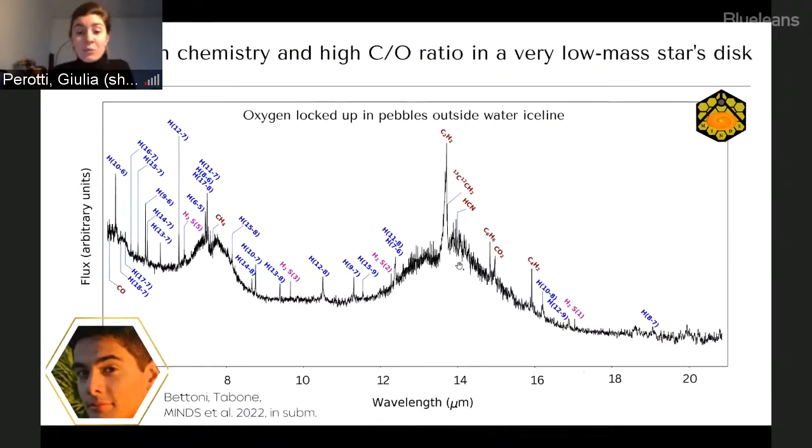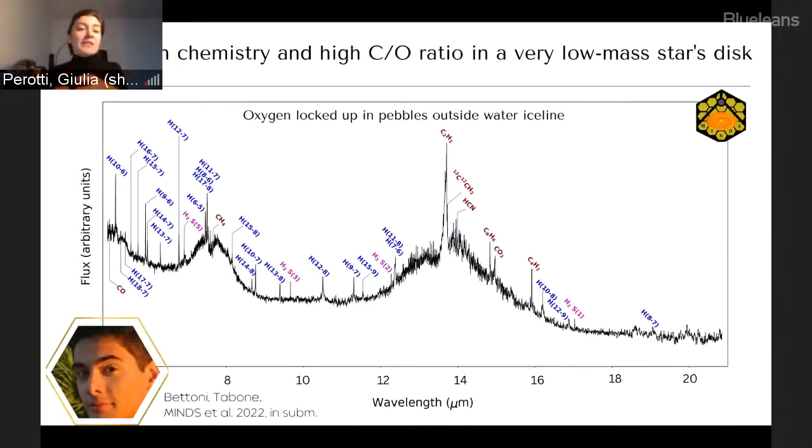Besides acetylene, we're also detecting benzene in this target, hydrogen cyanide, C4H2, as well as the isotopologue of acetylene. So this indicates that, together with the spectrum I just showed you before, the inner regions of protoplanetary disks around very low mass stars are really extremely carbon rich.